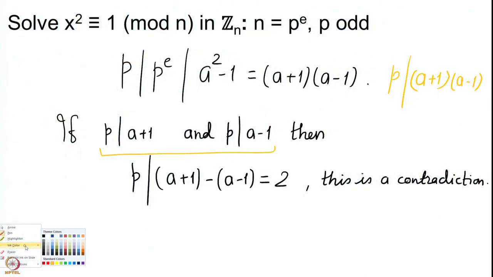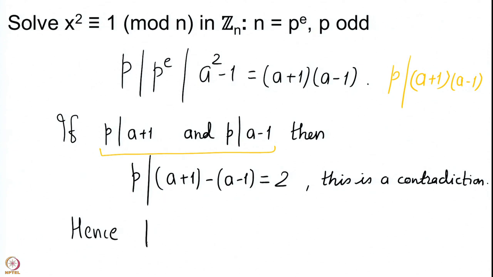It divides the product of them, and if it divides both then we have a contradiction. Hence, p divides a plus 1 or p divides a minus 1, but not both.